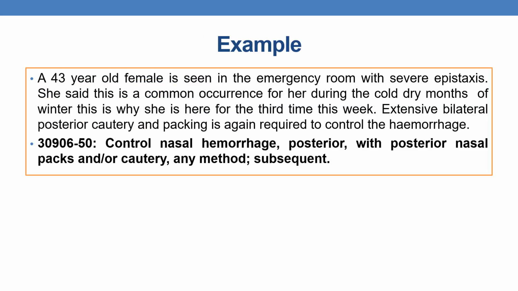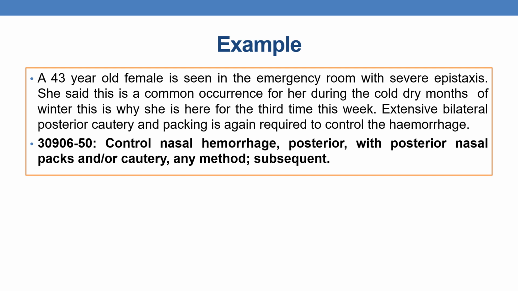Now let us see an example. A 43-year-old female in the emergency room with severe epistaxis, that is nasal hemorrhage. She said that this is a common occurrence for her during the cold, dry months of winter. This is why she is here for the third time, and extensive bilateral posterior cautery and packing is again required to control the hemorrhage.